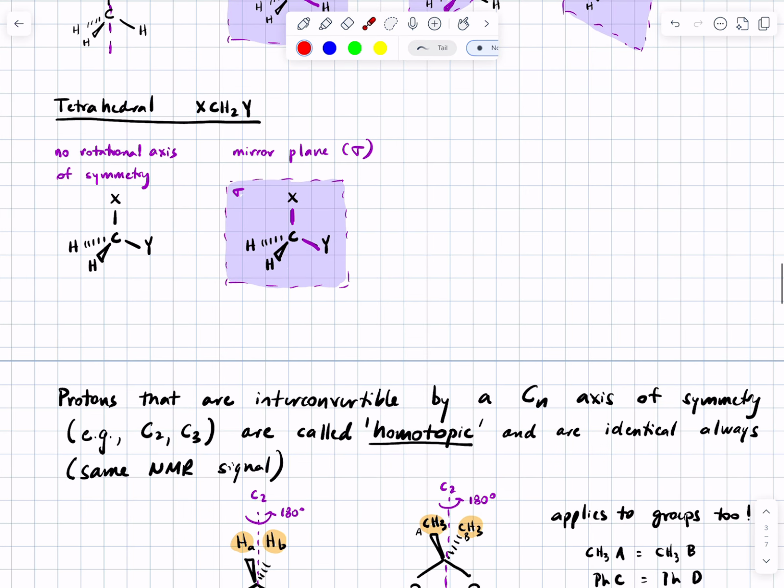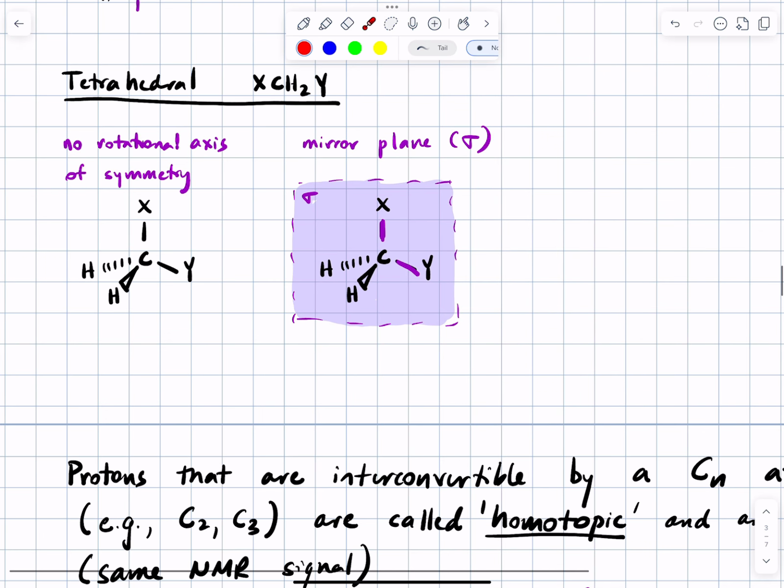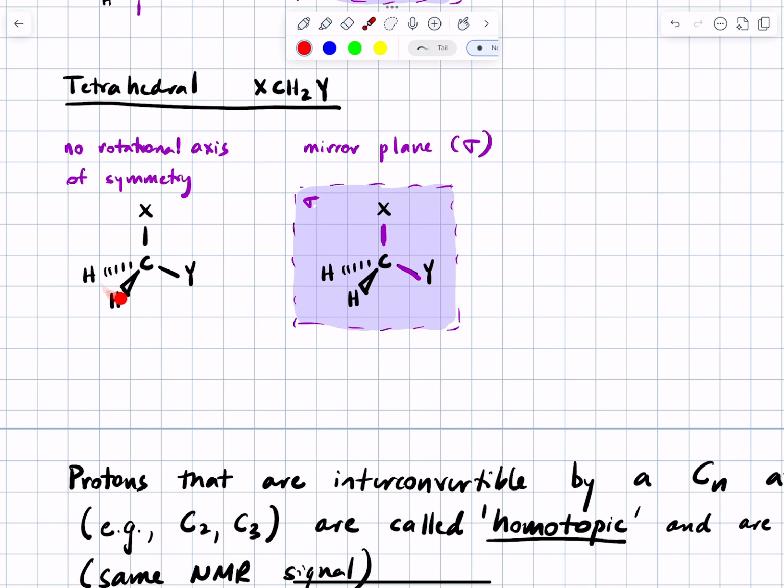Suppose 2 protons on a CH2 group, where X and Y are individual atoms. The mirror plane that corresponds to the plane of the page here reflects the dash proton into the wedge proton. So you would expect 2 protons on the same carbon, if they are identical via a mirror plane, then they're identical, right? Any questions about that?